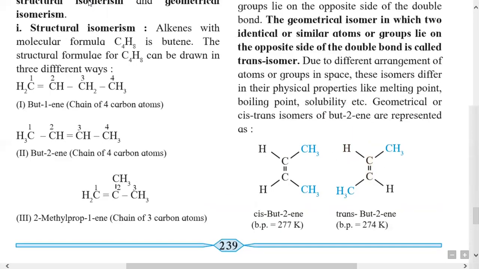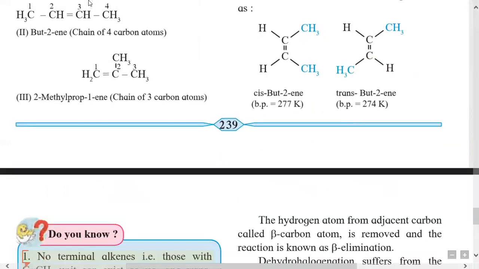Here, due to the difference in arrangement of the atoms or groups in space, these isomers differ in their physical properties like melting point, boiling point, and solubility. The geometrical or cis-trans isomers of butene are represented here.